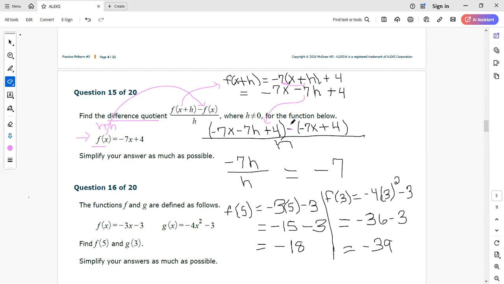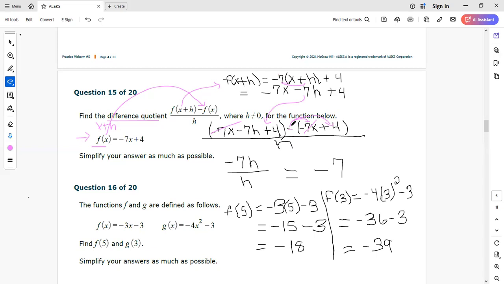We simplify here. Now to simplify, look what happens. We have a -7 times a -7. That becomes +7x. The 7x that's positive cancels with the -7x. We have a -7h over h that are left, so we just carried those 2 down. Because of the minus and the 4, this becomes a -4.